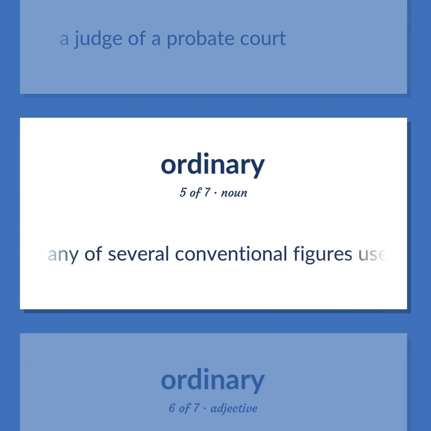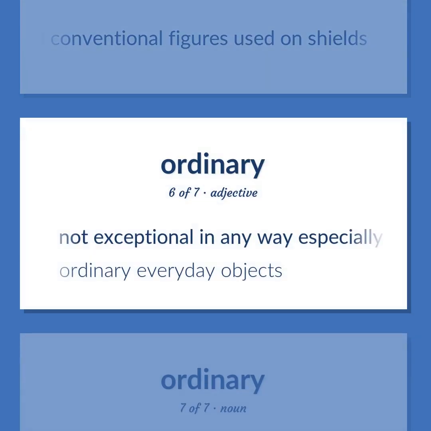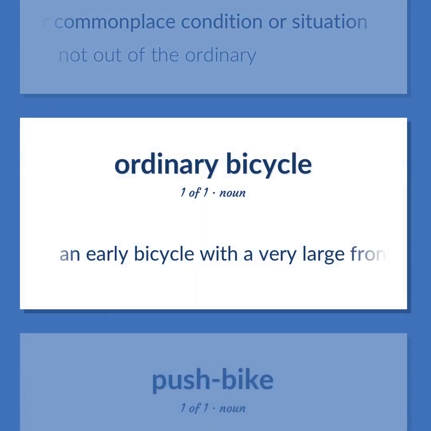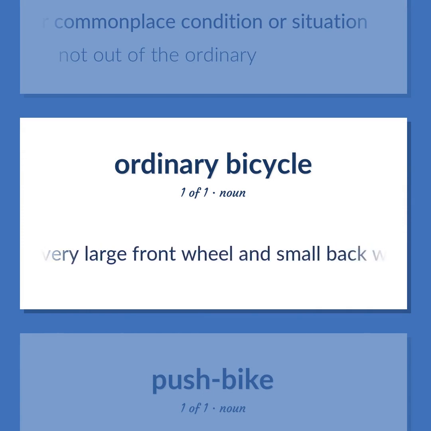Any of several conventional figures used on shields. Not exceptional in any way, especially in quality or ability or size or degree. Ordinary everyday objects. The expected or commonplace condition or situation. Not out of the ordinary. An early bicycle with a very large front wheel and small back wheel.